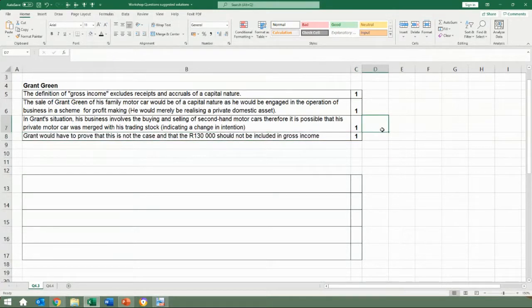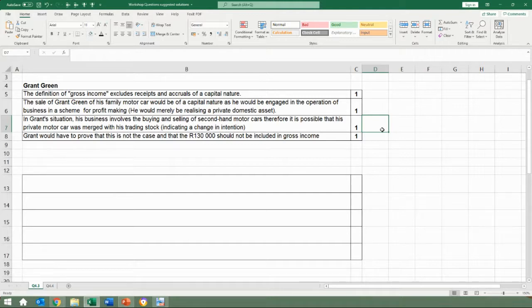And we said when it is the intention, we look at the change of intention. The onus is on the taxpayer to actually prove that it is capital and it is not a profit-making scheme and that it should not be included in gross income. Okay, so that is what you had to write down to get the marks for Grant Green.